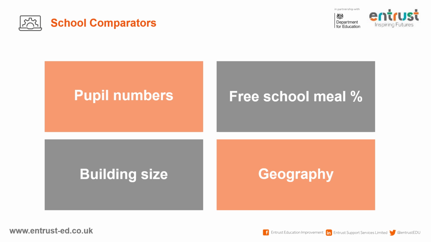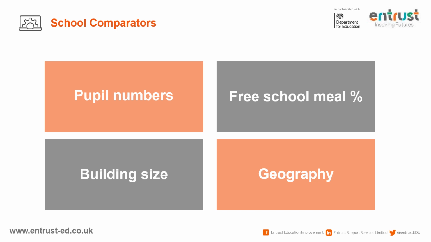To achieve the most out of a benchmarking exercise, good comparator schools need to be chosen. The DFE's benchmarking tools do allow schools to carry out a quick comparison to similar schools. This is based on some of the factors you can see on screen now, but this list is not exhaustive.